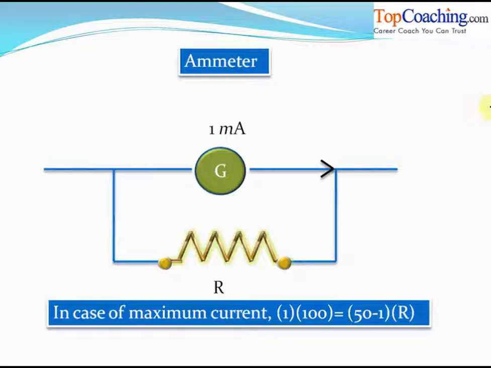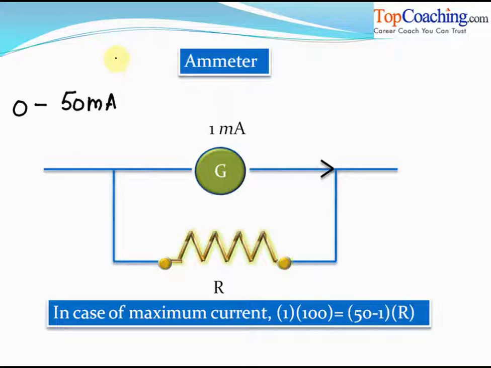Now when 1 milliampere current passes through the galvanometer, that is when the galvanometer will show its maximum reading and the ammeter will show its maximum reading. We know that the maximum reading for the ammeter is 50 milliamperes because it is given that the range of the ammeter is 0 to 50 milliamperes.